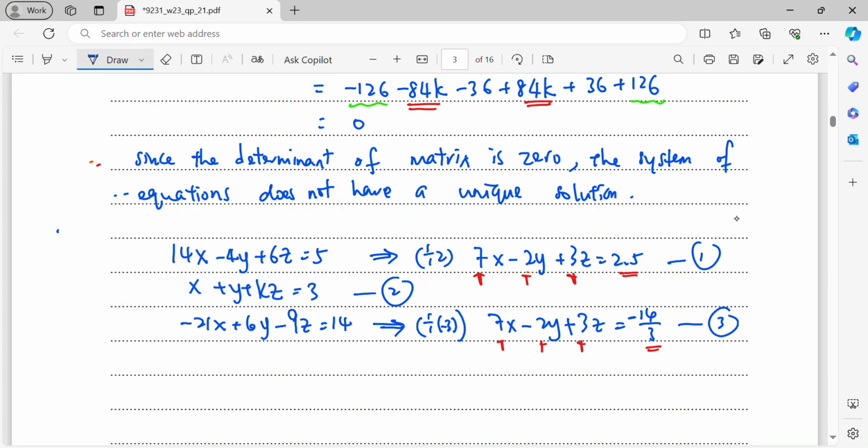Okay, so from here I can say that the first and third show two non-identical parallel planes.